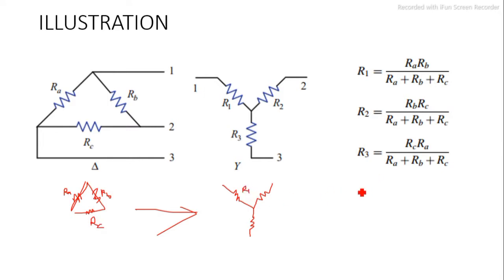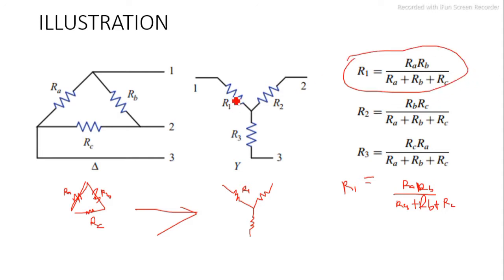Your R1 will be the product of RA and RB divided by the sum of all the resistors, RA plus RB plus RC. That's your first transformation, your R1. Note, any one can be your R1.